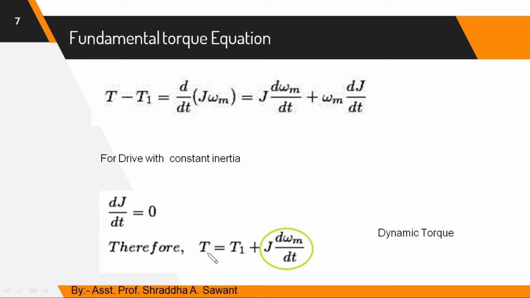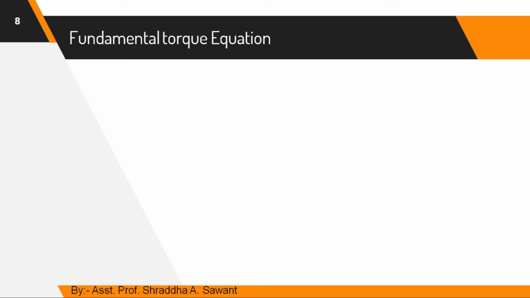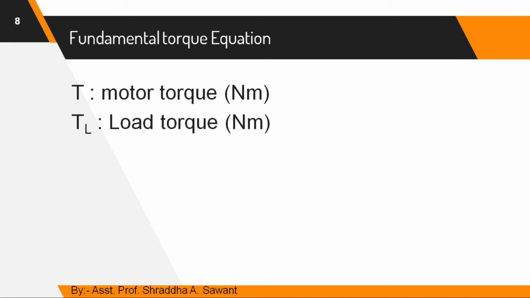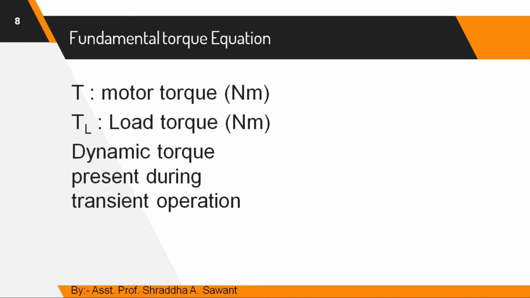Otherwise your equation will be T is equal to TL. T is the motor torque, unit is Newton meter, TL is the load torque, unit is again Newton meter. So dynamic torque is present during the transient operation, this we have seen, and acceleration is possible when the motor torque is greater than the load torque.